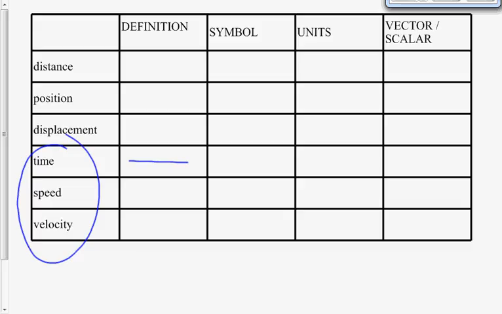The symbol for time would either be T or delta T, depending upon context. Anybody want to take a stab at when it might be T, when it might be delta T? Brennan? Okay, delta T would be a time interval, a change in time. If I was looking at my watch, it's 2:59 right now.